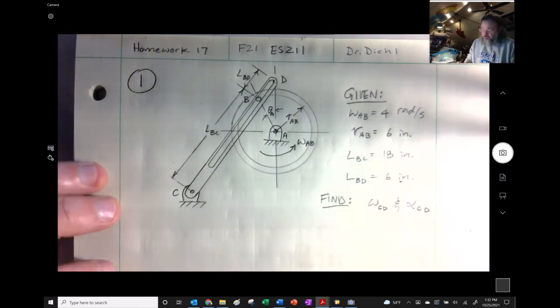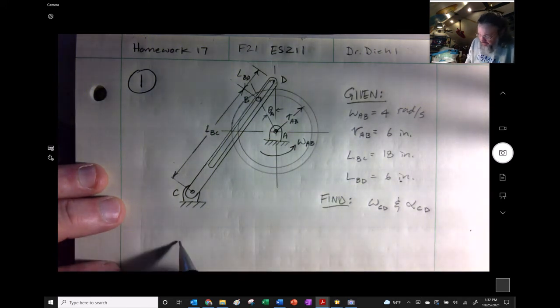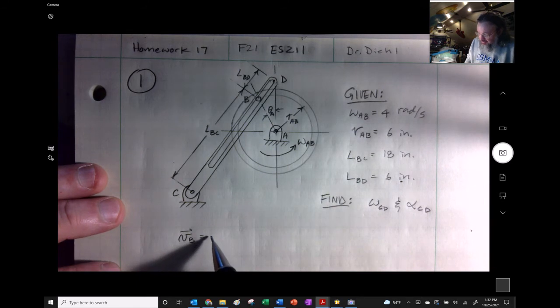All right. So the velocity of B with respect to the disk is going to be, I should probably have done this problem out ahead of time.